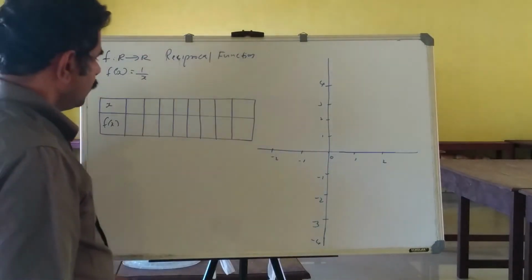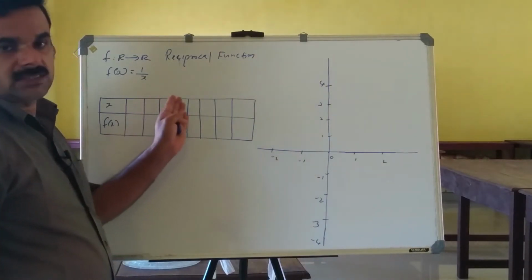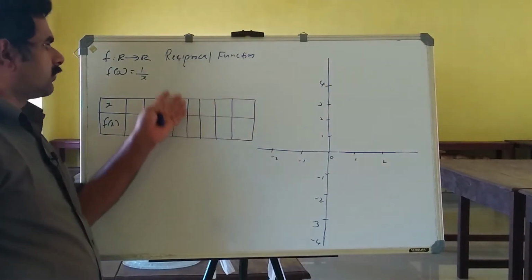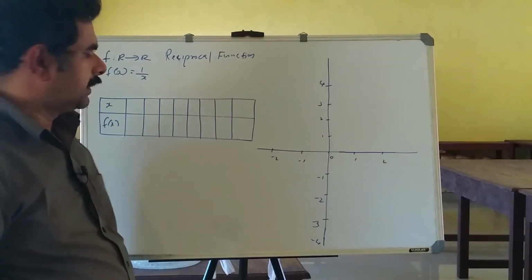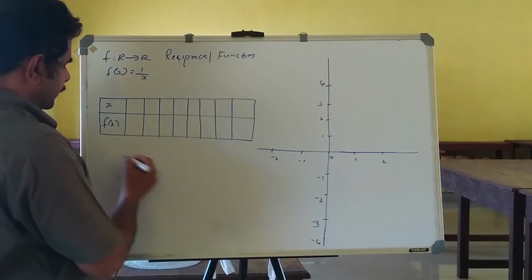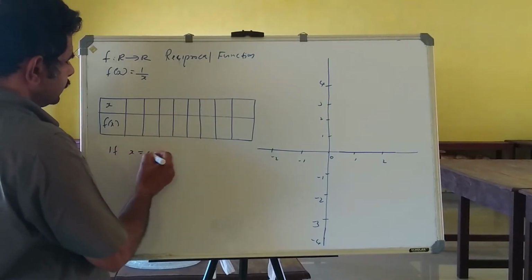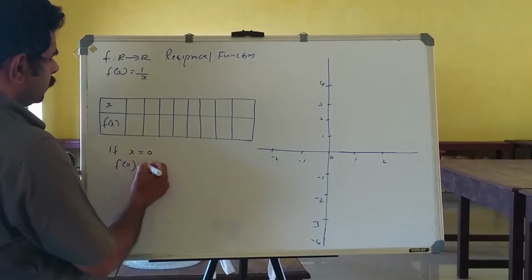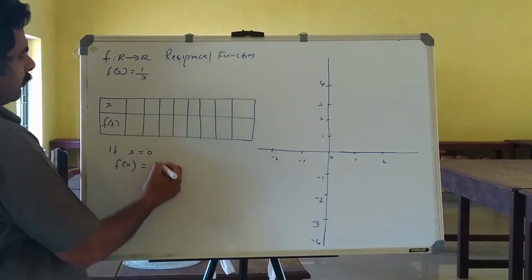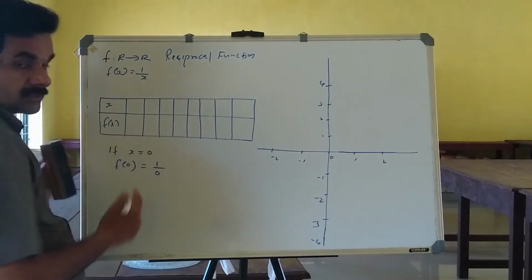So here we can't choose any of the real numbers from the real number set. If x is equal to 0, what is f of x? f of 0? f of x equal to 1 by x, so f of 0 is equal to 1 by 0.